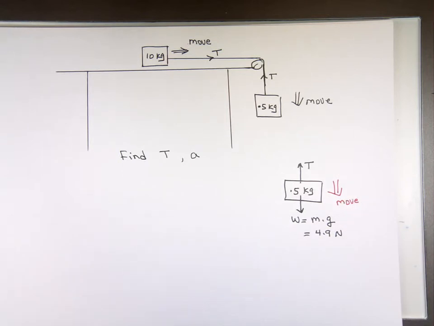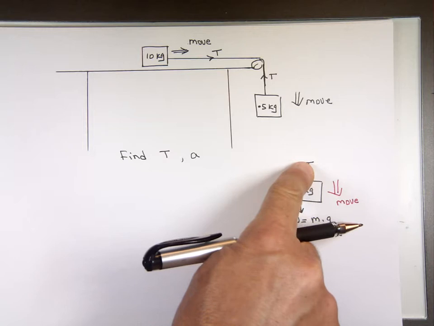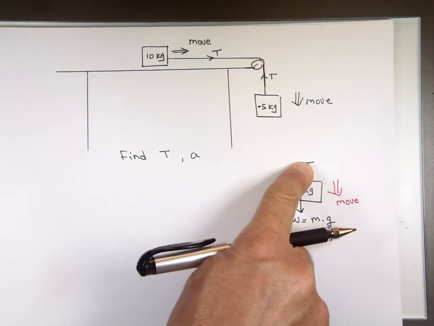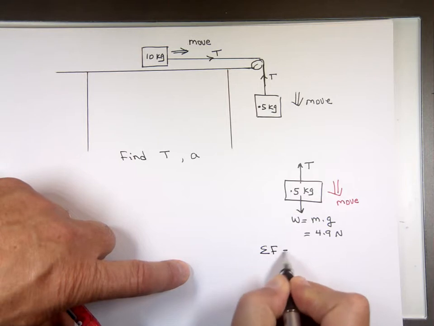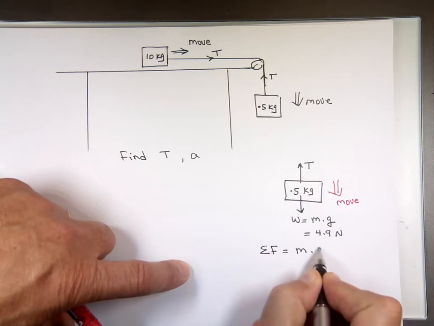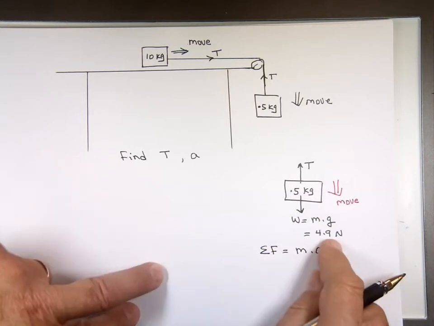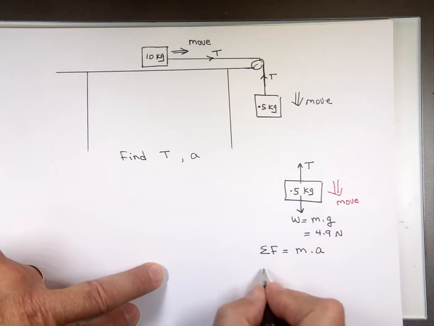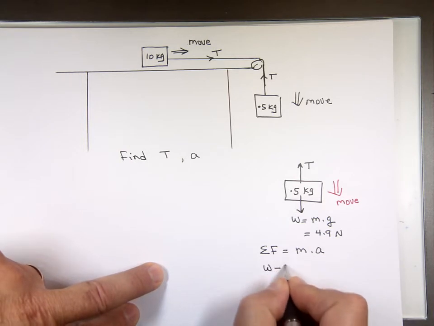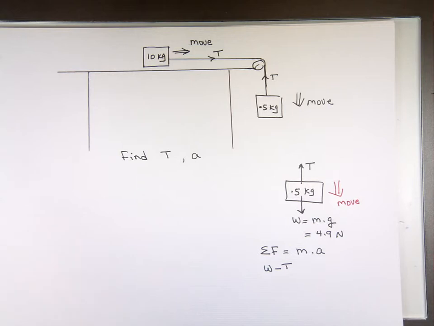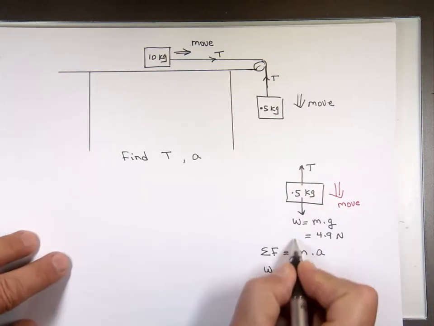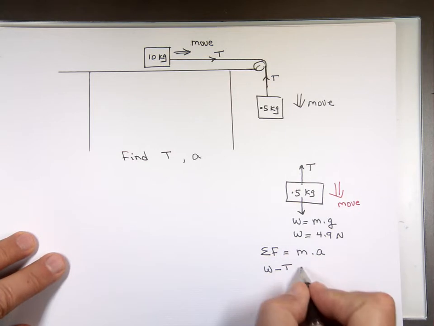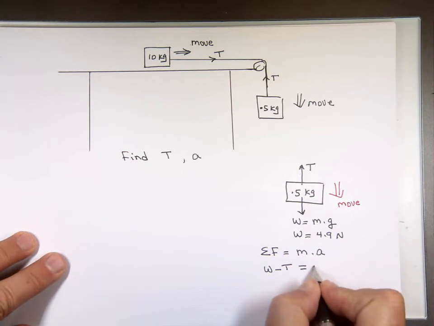If it's moving down, that tells me this force has to be larger than that one. So the net force, Newton's law, says the net force equals mass times acceleration. The net force for this is what? The weight minus the tension. It's this minus that, equal to the mass, 0.5, times the acceleration.